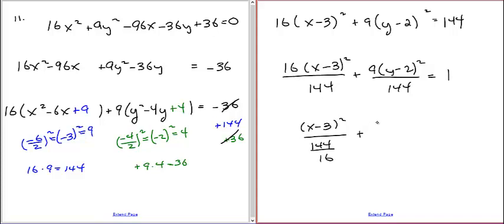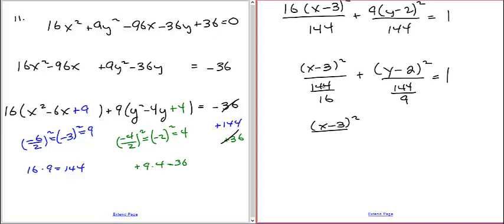Likewise here, the 9 becomes the denominator instead of the numerator. And luckily for you, these are nice numbers. 144 divided by 16 is 9. 144 divided by 9 is 16.